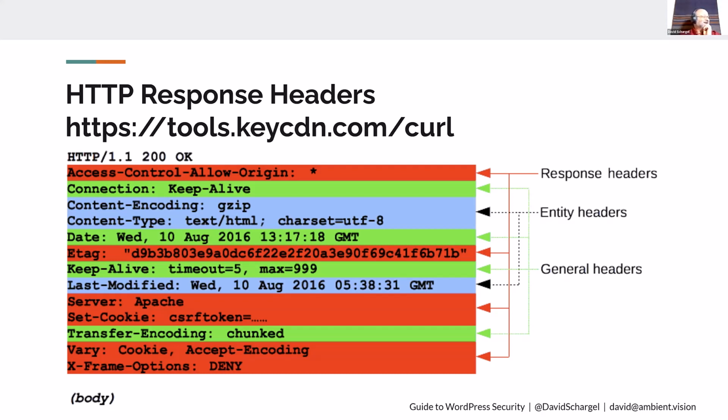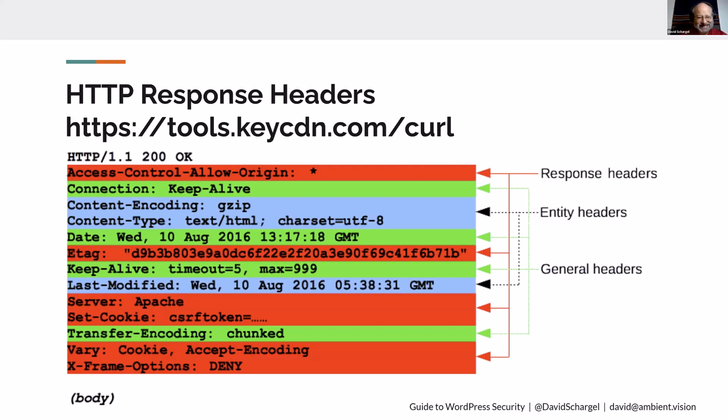You can see it in Chrome Inspector. This is where this particular screenshot came out of from a while ago. And if you look at the very, very bottom, right above where it says body, it says X-Frame-Options deny. That is very specifically an HTTP response header for security.